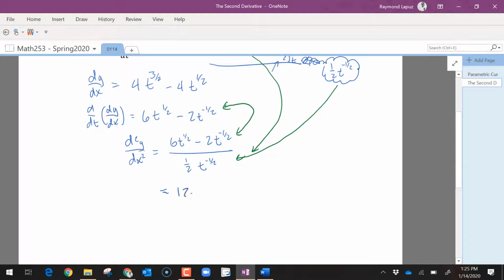So 12t minus 4. Just 4? Oh, that's it? Wow, that's simple. This is good. This is right.